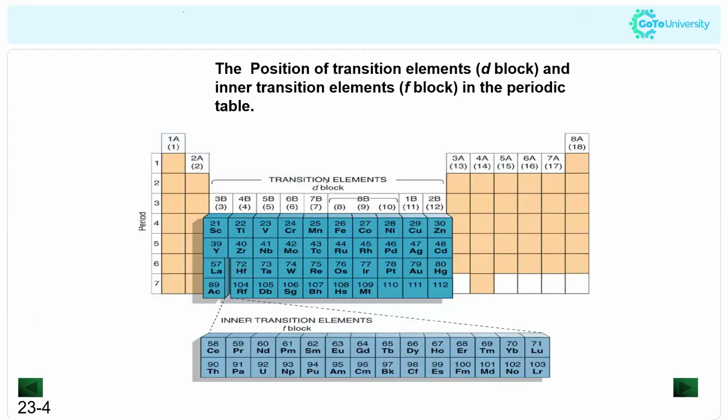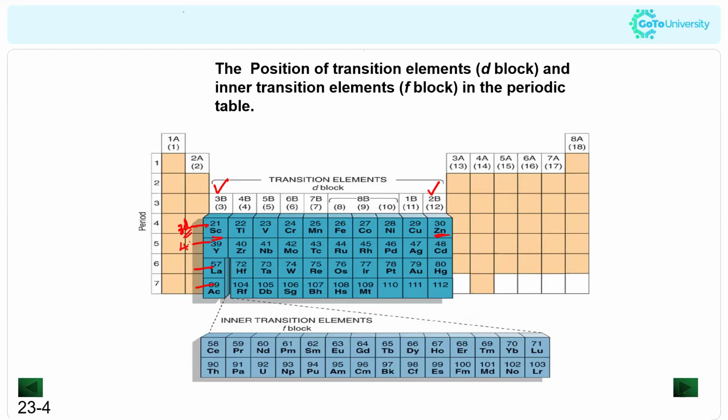Okay, so this is the periodic table. We can see the transition elements start from here and end here, right? We start from scandium, 21, and that series ends at zinc. Similarly, we have four different transition series. The first series is called the 3d transition series, because in these elements the 3d orbitals are filled.